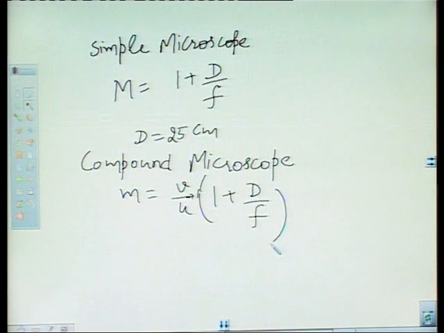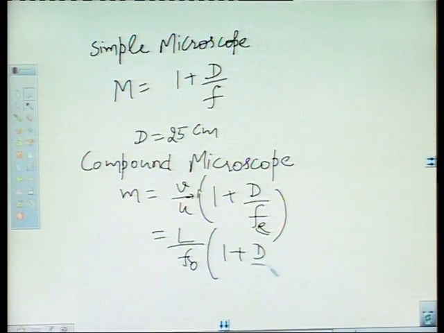This is the formula for the magnification of a compound microscope. This is also equal to L upon Fo into 1 plus D upon Fe. So there are two formulae for the magnification.